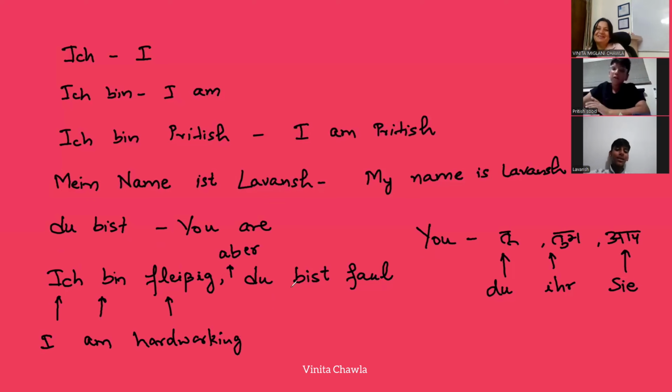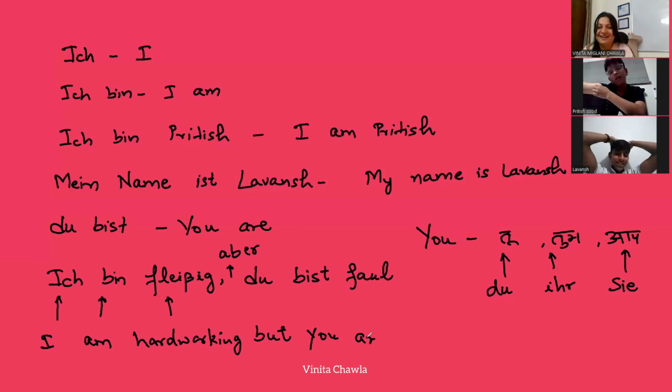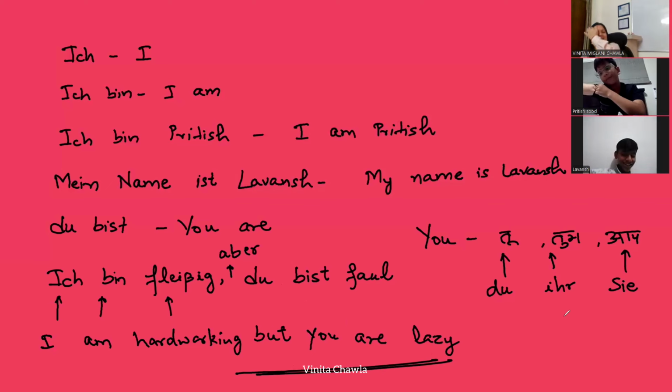Ich bin fleißig, aber du bist faul. Du means you, bist is are, and faul means lazy. You are lazy. I am hardworking, but you are lazy.